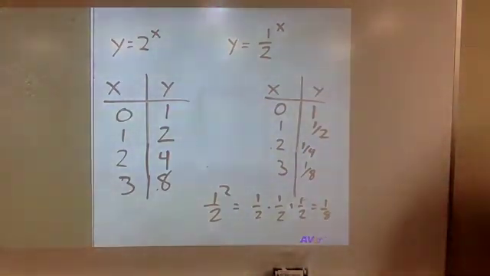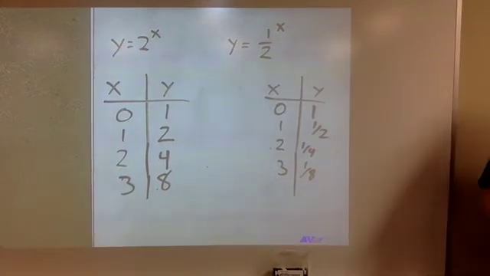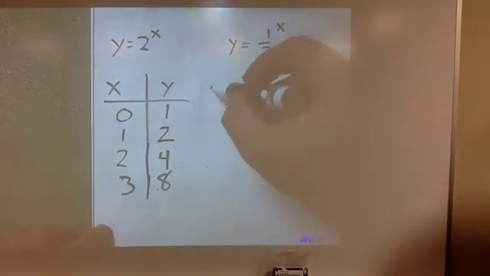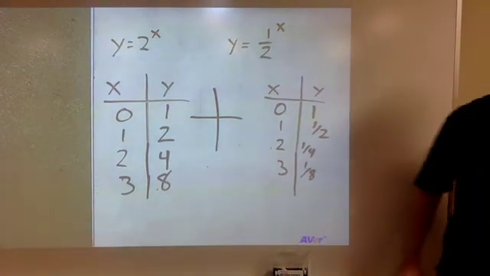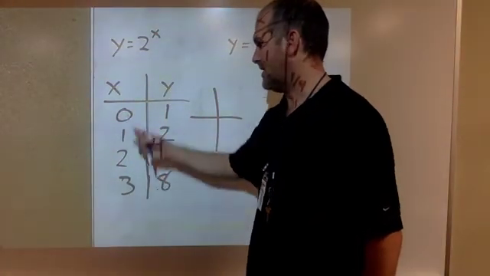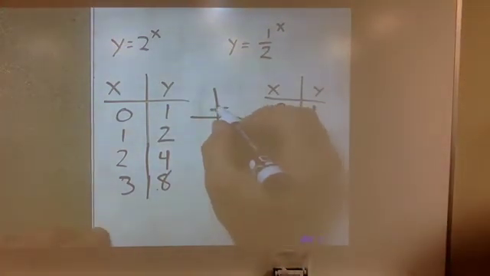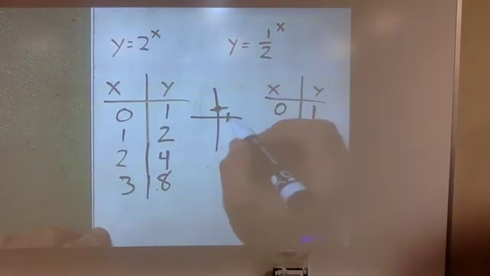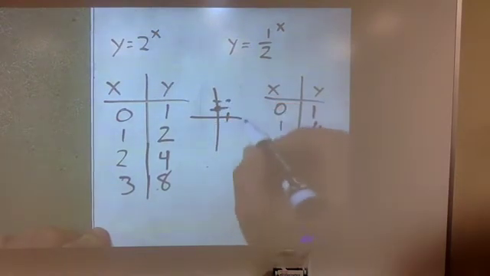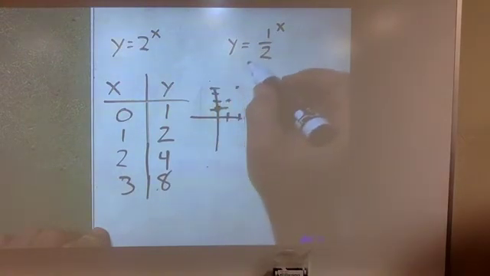Now, if you want to graph these, which you probably don't, but you're going to have to, it's the same concept as before. These entries in your chart are points on the graph. 0, 1 is right here. 1, 2 is right there. 2, 4 is up here. 3, 8, now we're talking way up here.